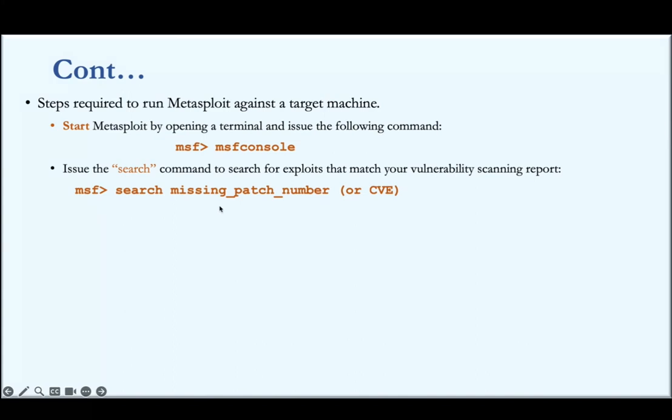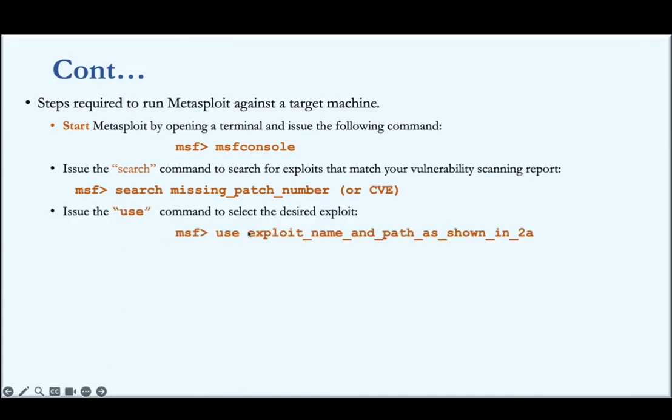Once you identify the missing patch, use the use command with that missing patch identified in the vulnerability scan in the search. Then, once you use this, you need to set a payload.